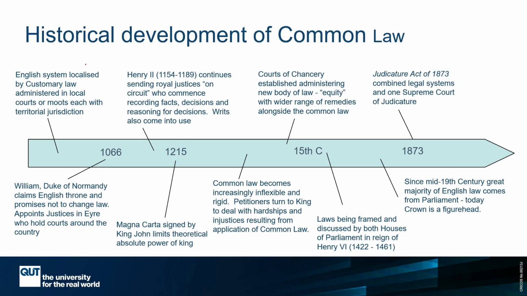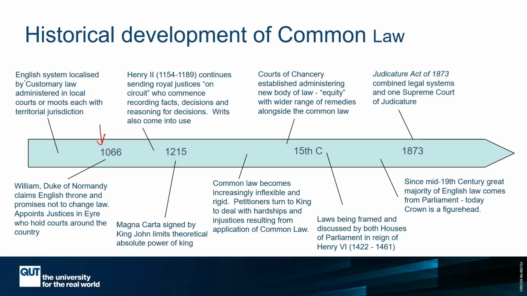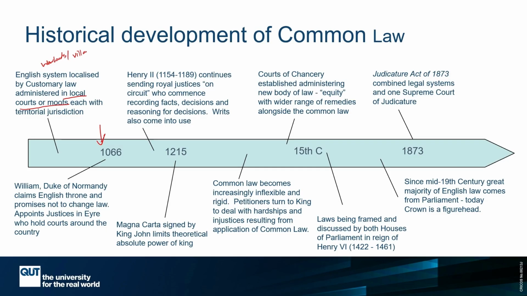To understand the genesis of the system, we have to go back in time to around 1,000 years ago. And what we find is that at that time, what we had was local courts or moots, essentially warlords overseeing villages, where these disparate legal systems were in charge of governing their own territorial area.